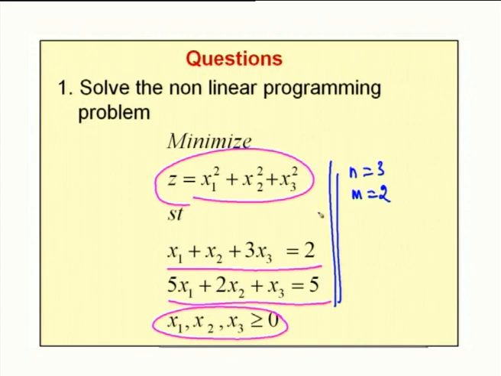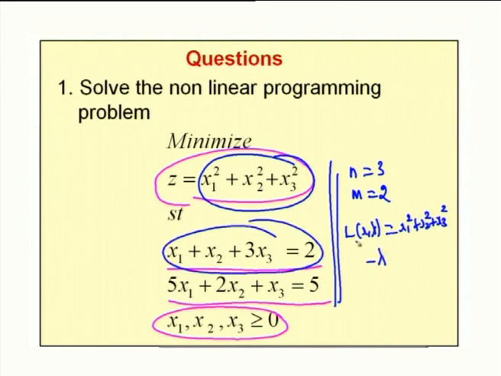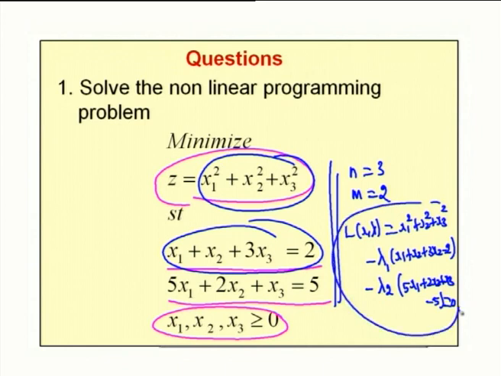For this problem, the Lagrangian function L of x comma lambda is the objective function x 1 squared plus x 2 squared plus x 3 squared minus lambda 1 into h 1 of x, where h 1 of x is x 1 plus x 2 plus 3 x 3 minus 2, minus lambda 2 into the second constraint 5 x 1 plus 2 x 2 plus x 3 minus 5 equal to 0.